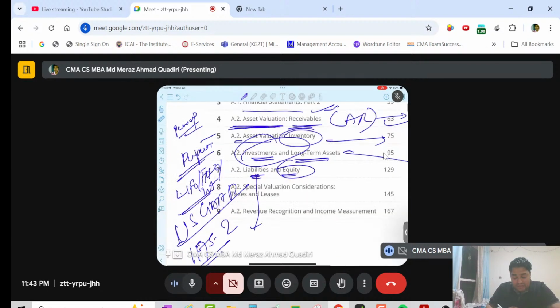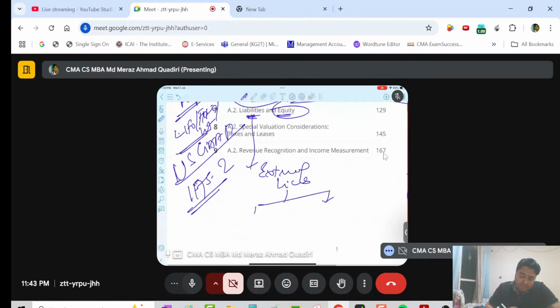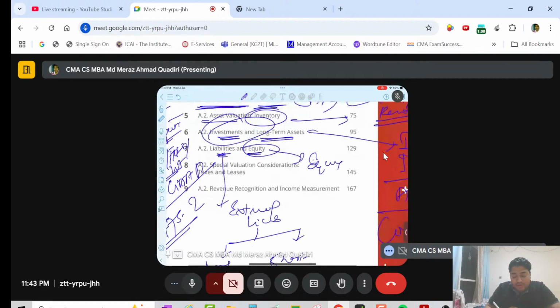In liabilities, external liabilities, long term, short term, equity, preference shares. These are the things you are going to learn.